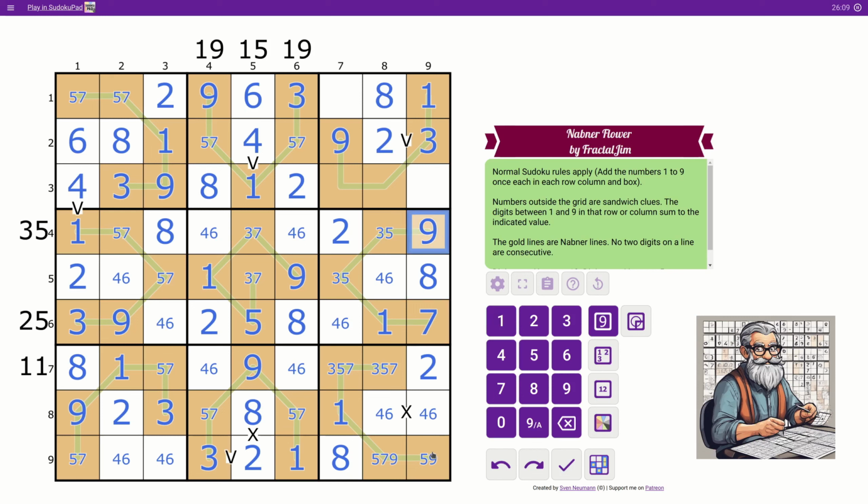Oh, we already have a 9, so this is a 5, and these are not 5 anymore, and this one is a 7, this one is a 5, this one is a 9. Okay, do we have all the 9s now? We do.